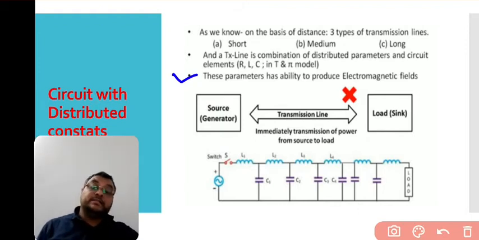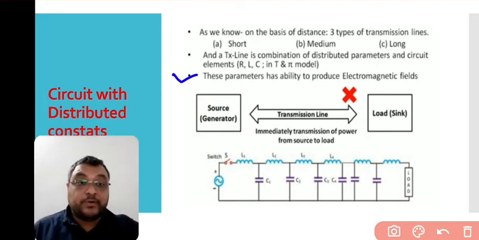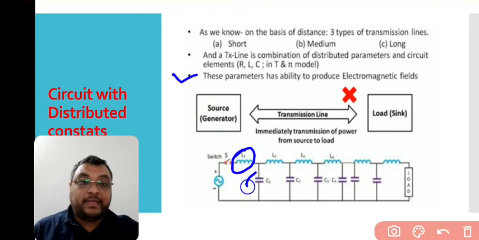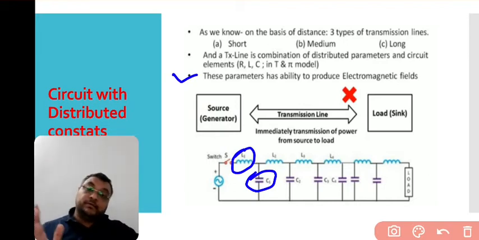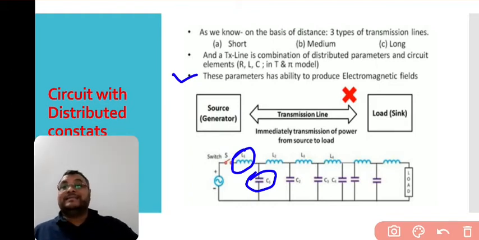These parameters, meaning the distributed parameters, that is the inductance and the capacitance, have the ability to produce electromagnetic fields.